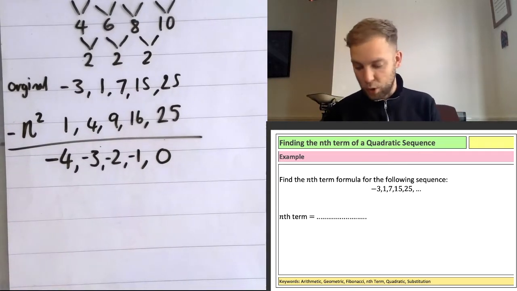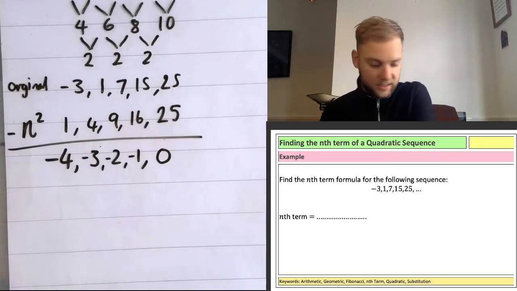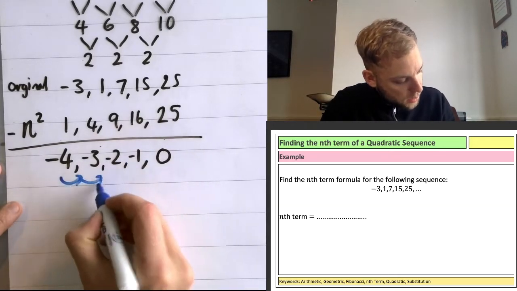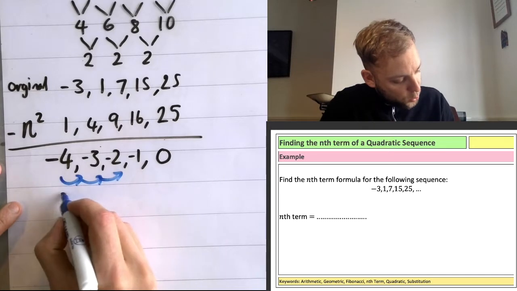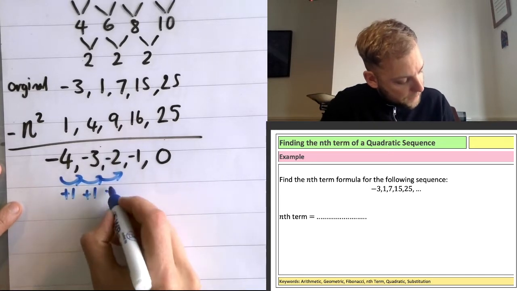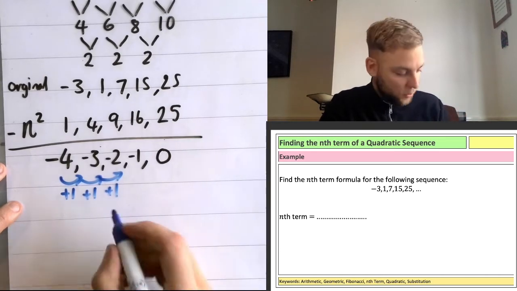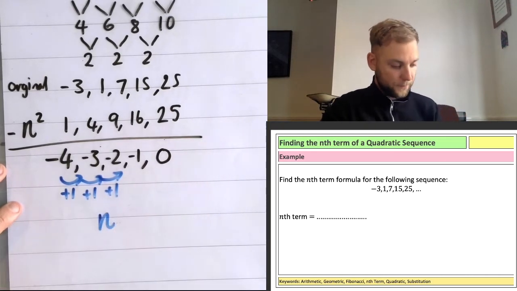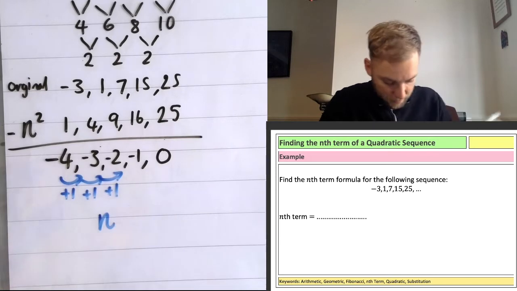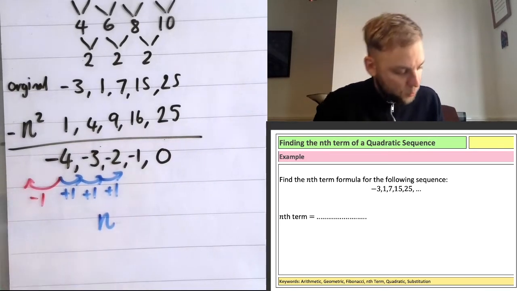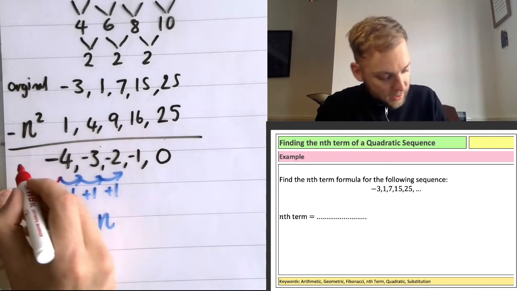So then I work out what my linear part is. What's it going up by here? Well, it's going up by plus 1 each time, which means it's 1n, but I'm not going to write 1n, it's just n. And then remember, I need to find my 0th term by going backwards. So minus 1, 4 minus 1 is minus 5.